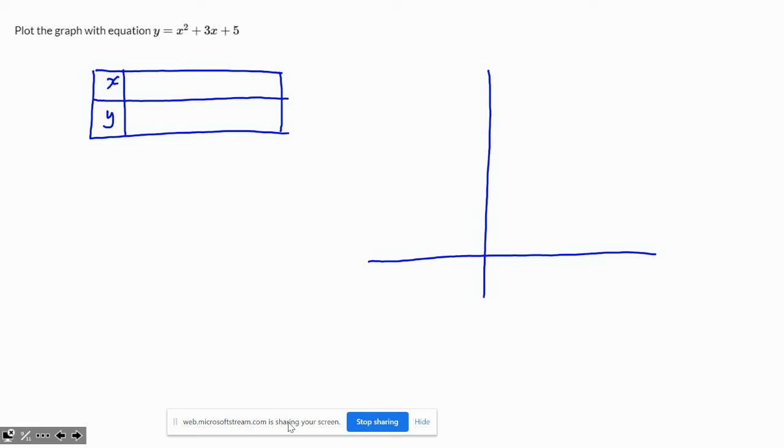And it might say between x is -2 and x is 3, for example. Which means that we only need to plot this when our x values are between -2 and 3.